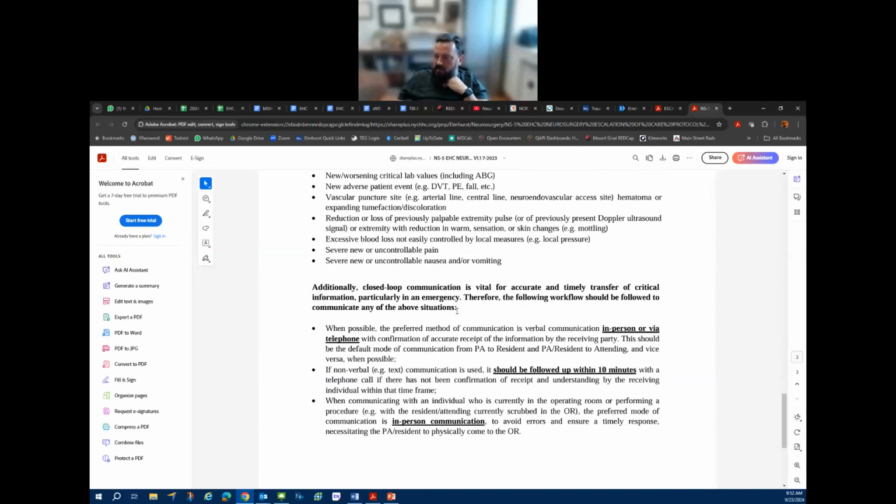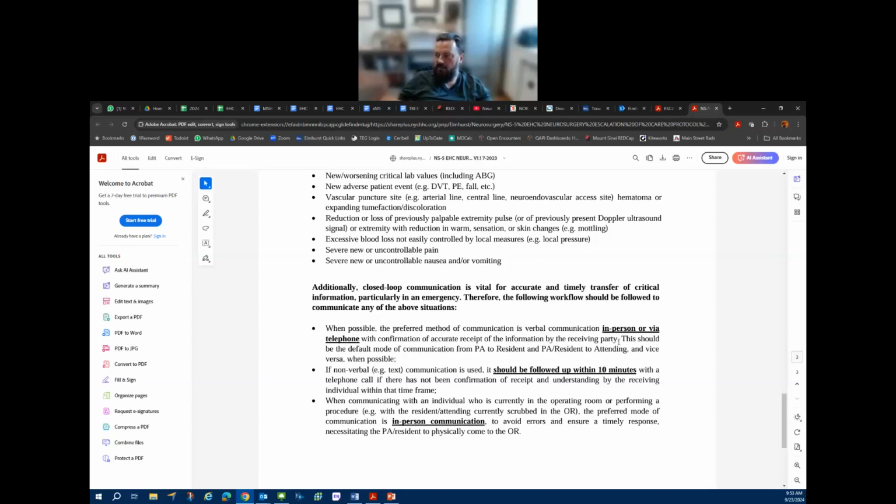And again, one of the most important things about communication is using closed loop communication. That's vital for the accurate and timely transfer of critical information, particularly in an emergency. So what this means is that when possible, the preferred method of communication is verbal communication, either in person or via telephone.